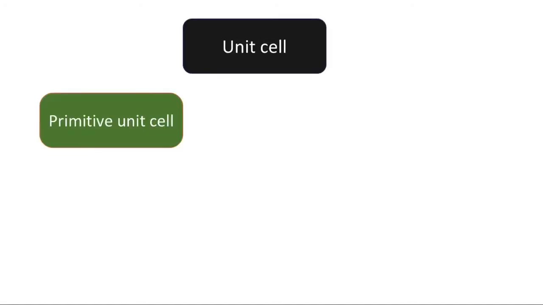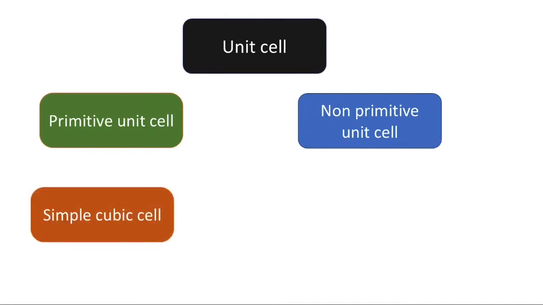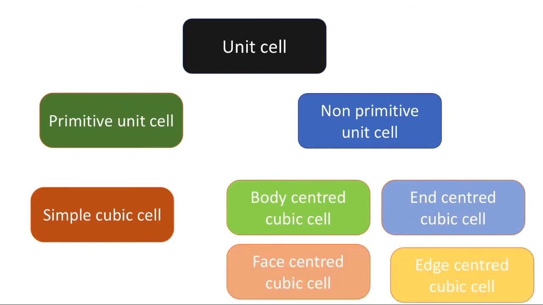Okay, now let's get back to the unit cell. So unit cell is divided into primitive unit cell and non-primitive unit cell. Primitive unit cell consists of simple cubic cell, and non-primitive unit cell consists of body-centered unit cell, end-centered unit cell, face-centered cubic cell, edge-centered unit cell.